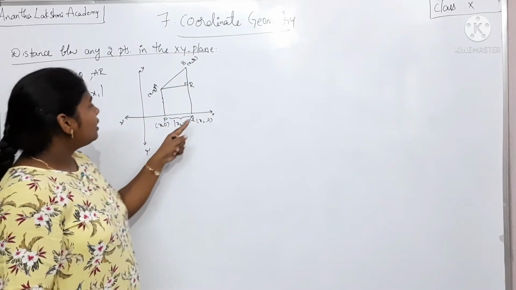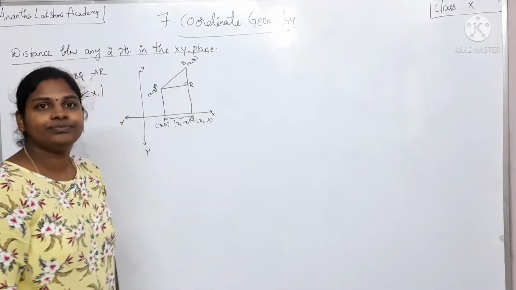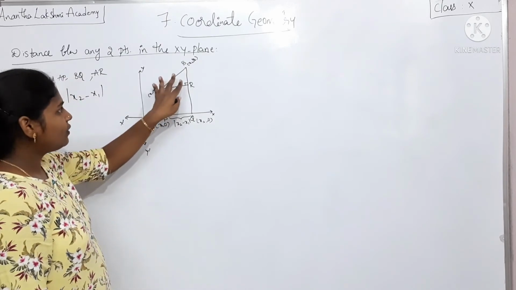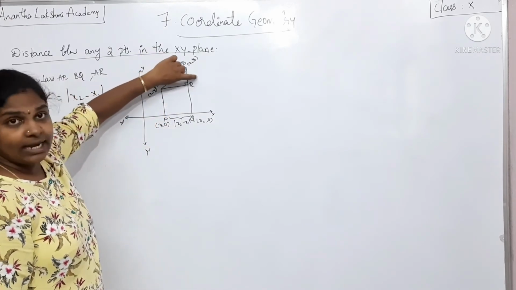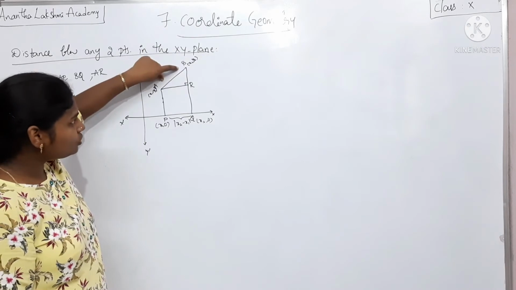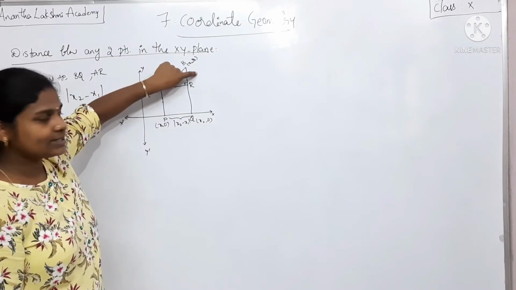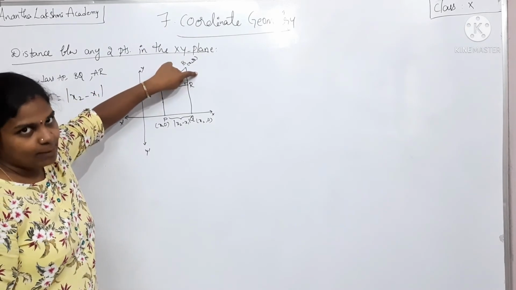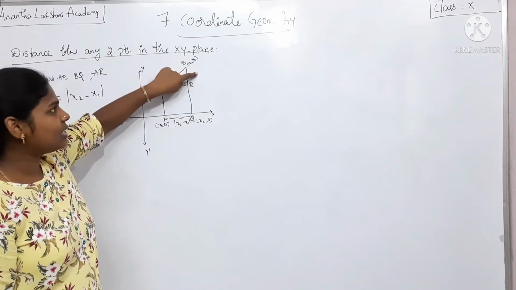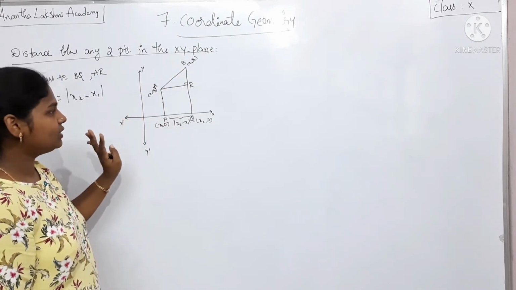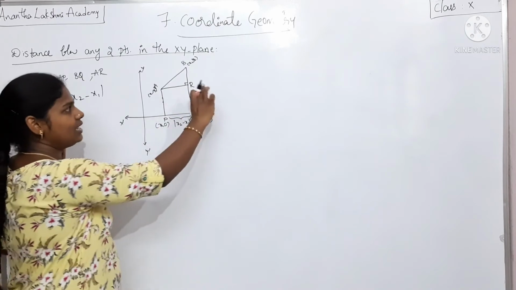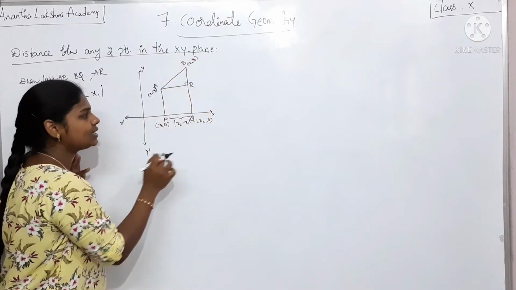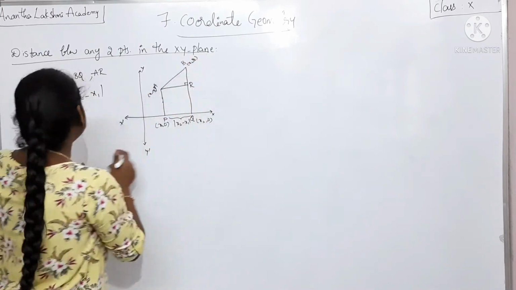Now this forms a right angle triangle, right? In a right angle triangle, in order to know this distance, we need to know this and this. Hypotenuse square is equal to adjacent square plus opposite square. That is what we are going to use. Now that we have this distance here, let us try figuring out this distance. Okay, QB, what is QB?